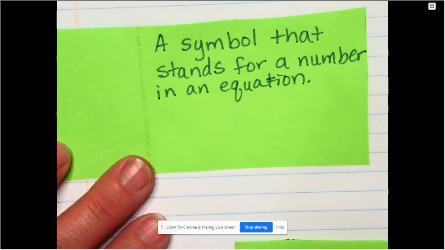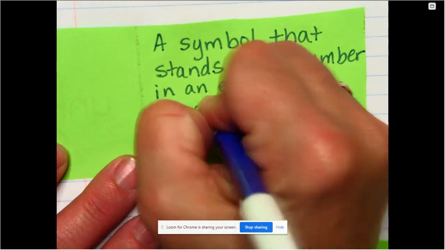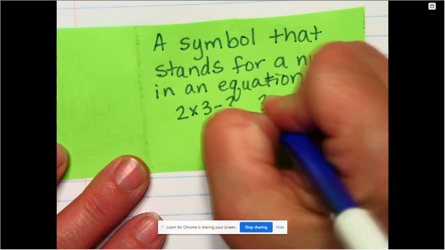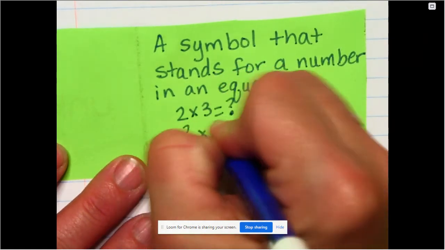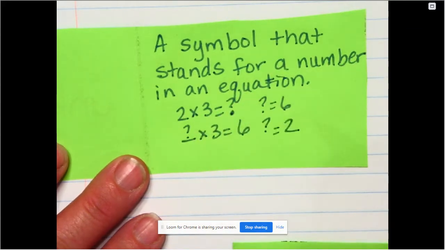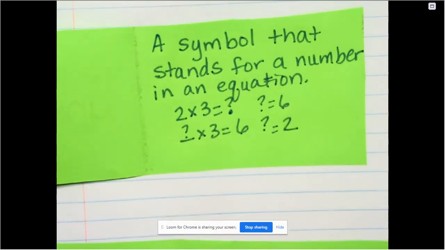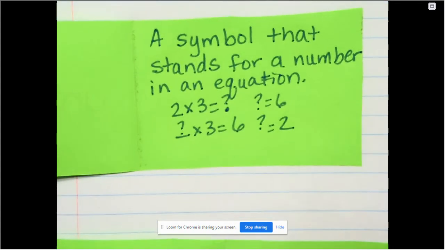Okay, so that could be 2 times 3 equals question mark for the unknown, and the question mark equals 6. Or it could be question mark times 3 equals 6, question mark equals 2. So that just stands for the unknown. Okay, so go ahead and get that written down. Okay, pause if you need more time.